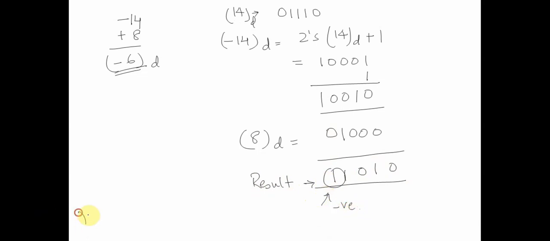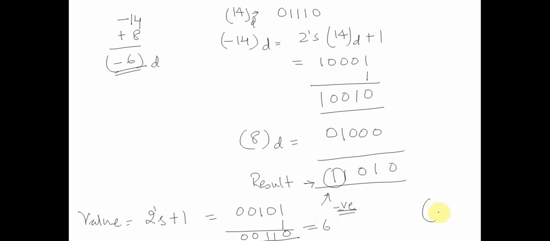To find the value, we again do a 2's complement and add 1. The 2's complement is 0 0 1 0 1, and once we add 1 it will be 0 with a carry 1 1. The magnitude is 6, sign is negative, so the result is minus 6, which is equal to 1 1 0 1 0.